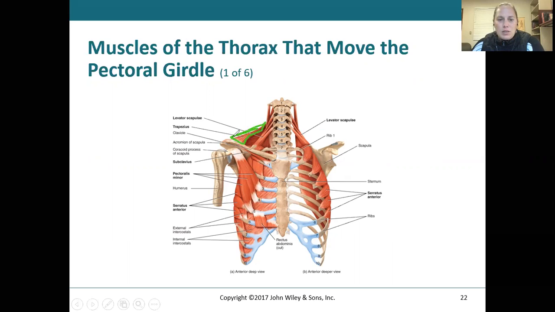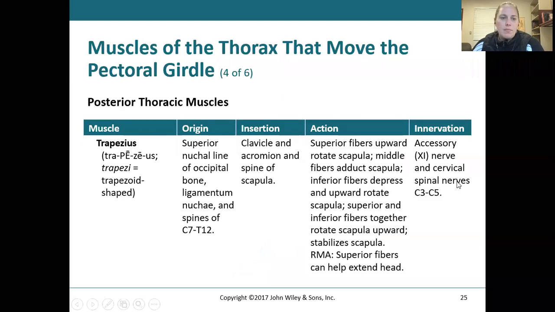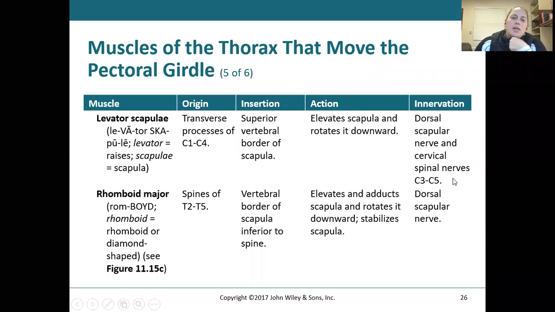You can get huge muscles in the trapezius region. Okay, so the levator scapulae: origin transverse processes of C1 through C4, insertion the superior vertebral border of the scapula. It elevates the scapula and rotates it downward.